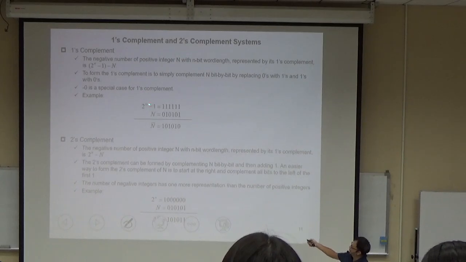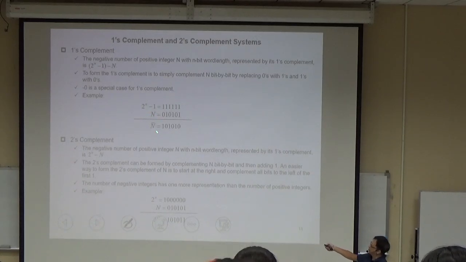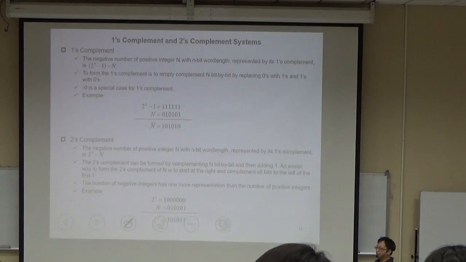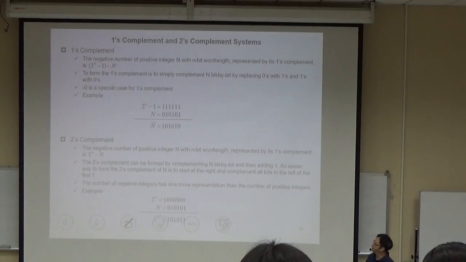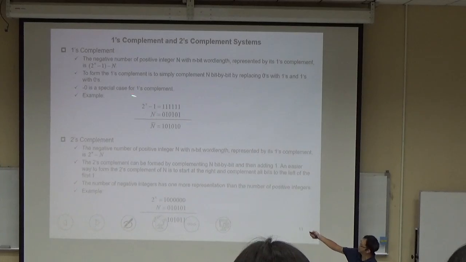With this expression, you subtract the positive n, and what becomes negative n is the value of negative n in terms of the expression for the one's complement. Regarding the two's complement, this one subtracts this one, and in the end this result plus 1 will become this one. That's the same, because this one plus 1 will become 2 to the power of n, right?